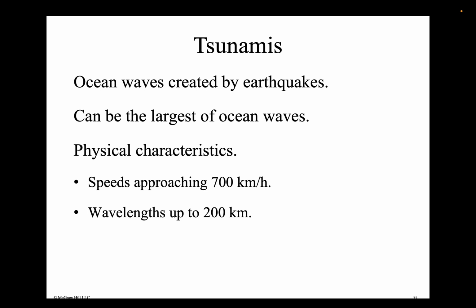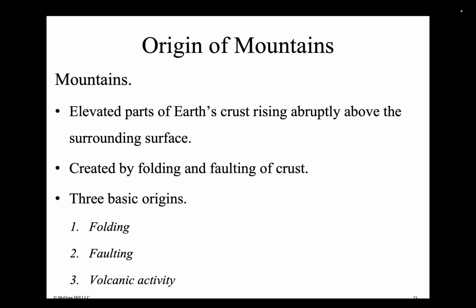Besides the earthquakes and tsunamis, we also have mountains, right, that are related to these plate tectonics. The definition of mountain is an elevated part of Earth's crust that rises abruptly above the surface. And these elevations can be formed by three main processes.